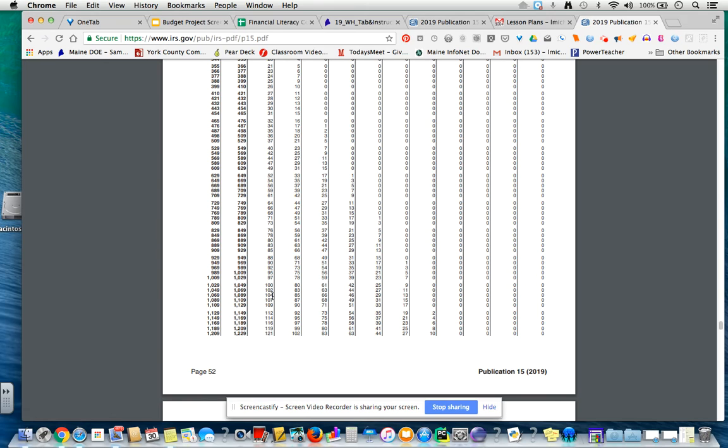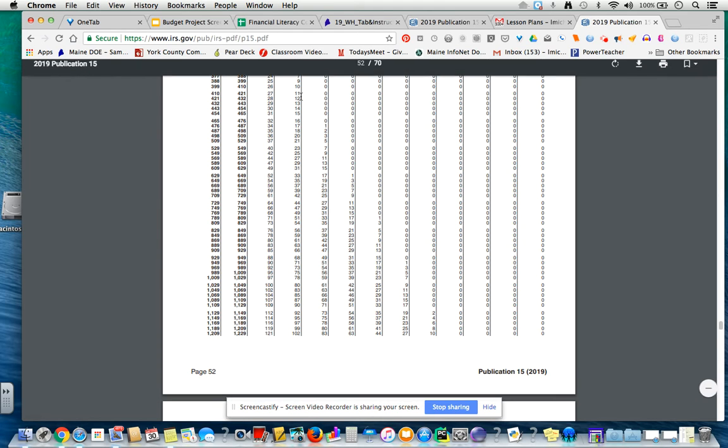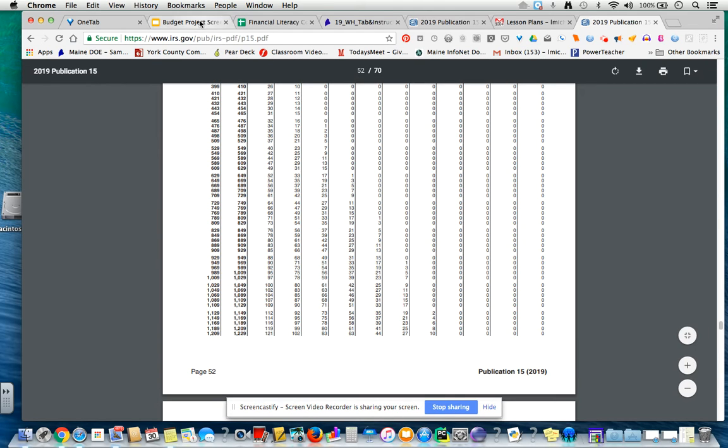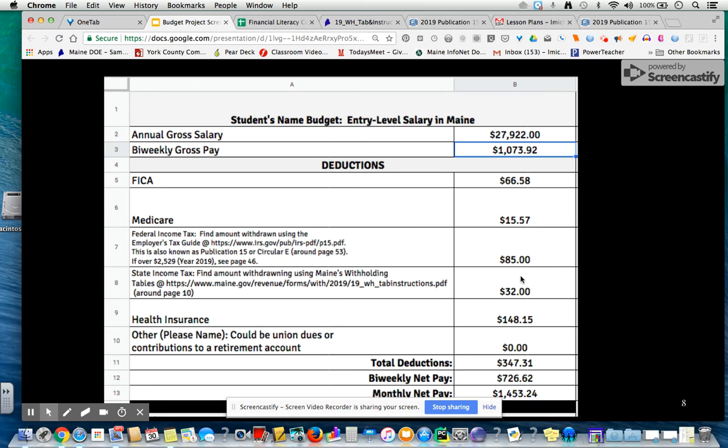This is zero withholding allowance, and the $85 is the one withholding allowance. So that is the amount that will go in federal income tax.